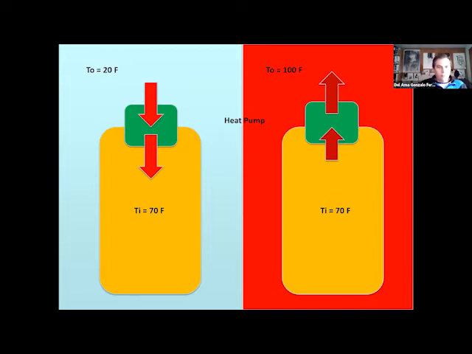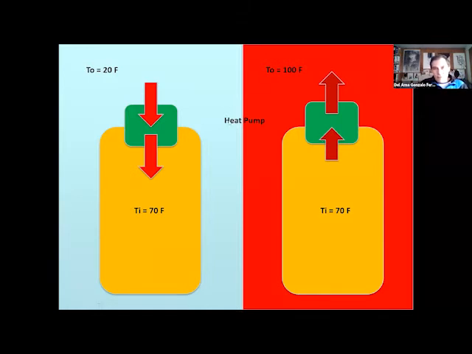And finally, we can move that energy from outside to inside. In summer, it's the other way around. We have to move energy from inside to outside. So that's why we need heat pumps. And heat pumps run on electricity. But it's the only device so far that can provide us with heating and cooling at the same time.